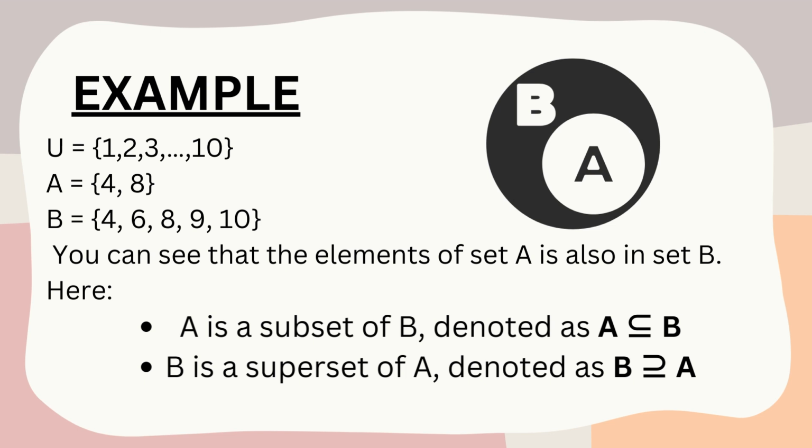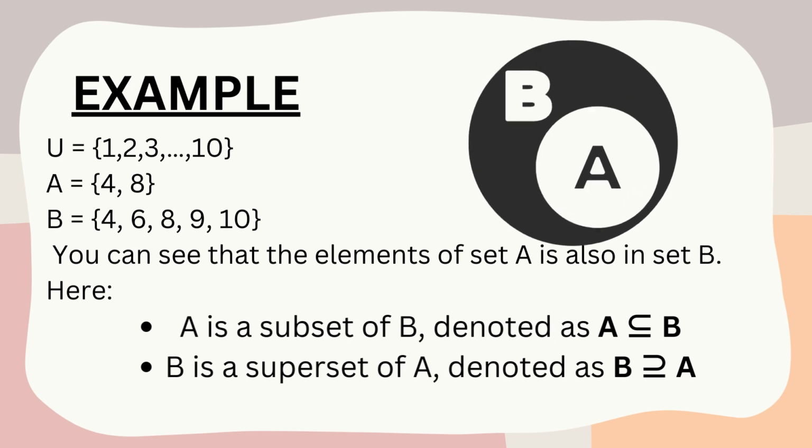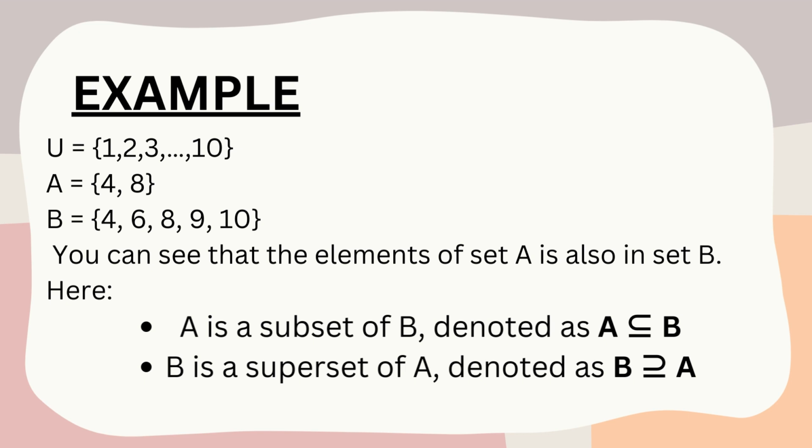Set A would have all its elements present within set B. So naturally, you draw set A within the Venn diagram of set B, and the two sets are drawn within the universal Venn diagram.